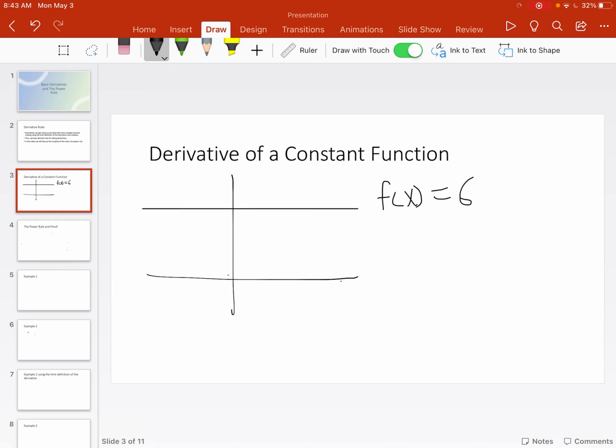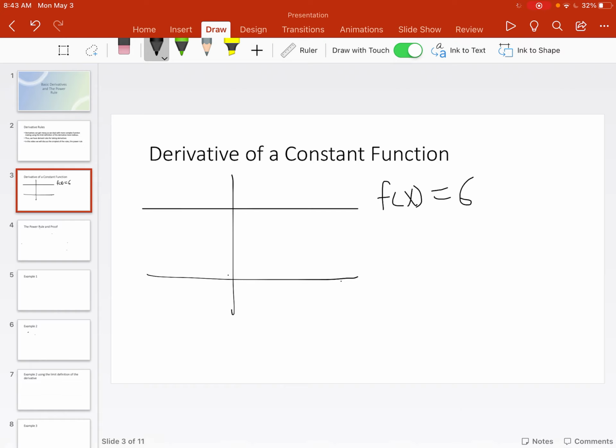A good skill to have in calculus, obviously, is to be able to visualize the graphs of different functions. Get this rough idea in your head. And in this case, it's quite easy. We've seen this before, probably when you guys just started with linear functions. This is not a very hard function to visualize.